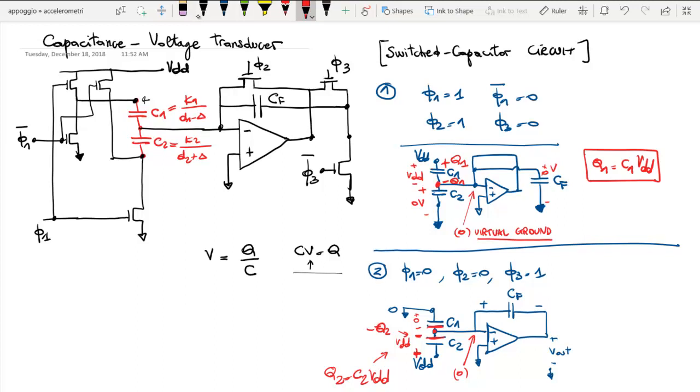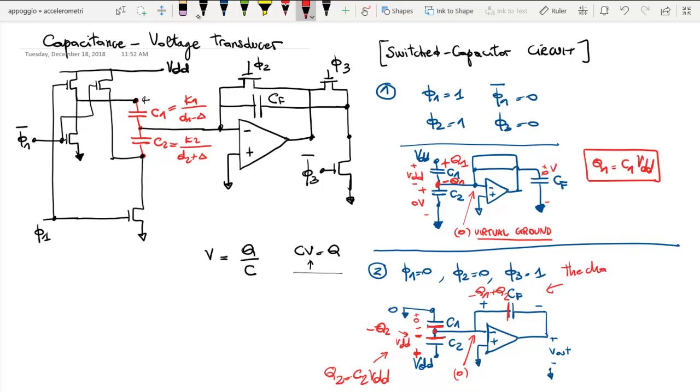So the difference can only be here on this capacitance. You see, because now if we sum up minus Q2 and minus Q1 plus Q2, we obtain as a total minus Q1, which was the initial charge. Okay?